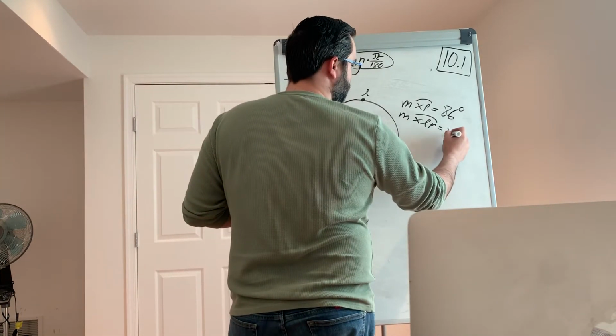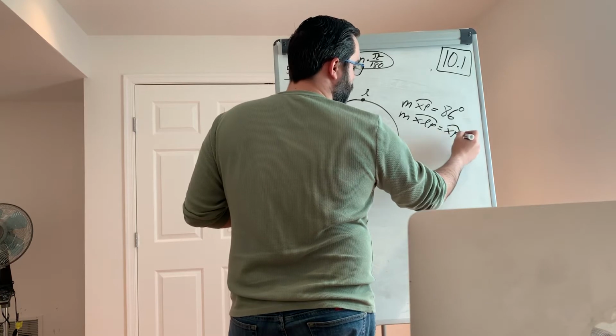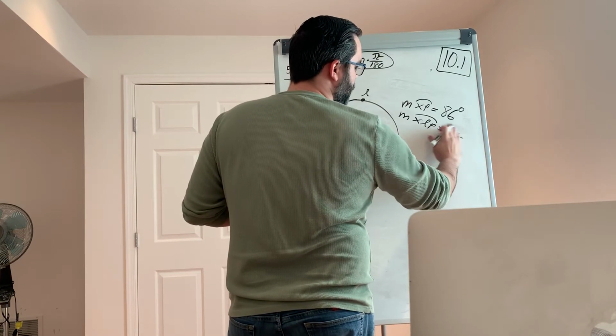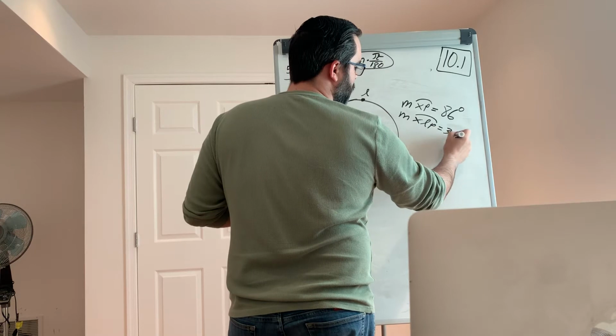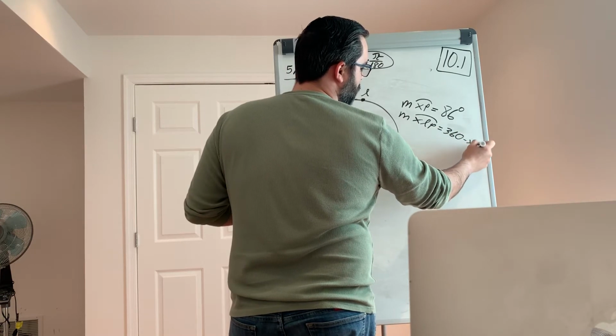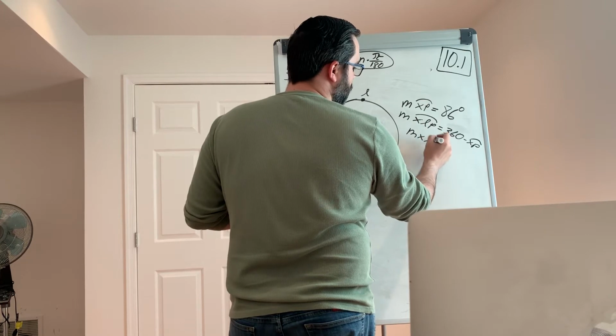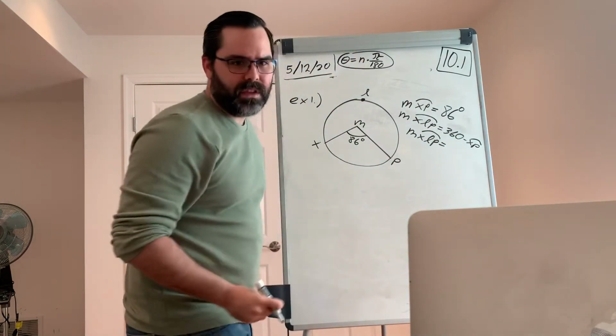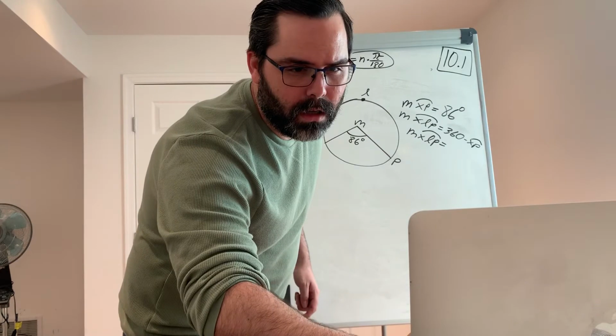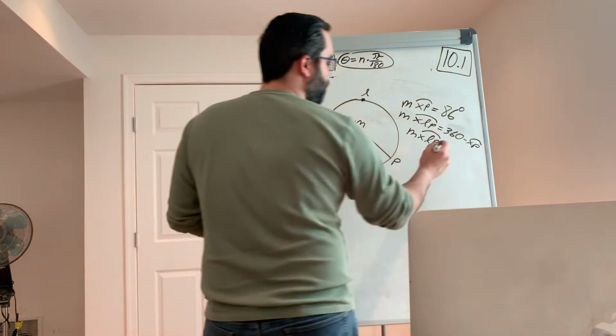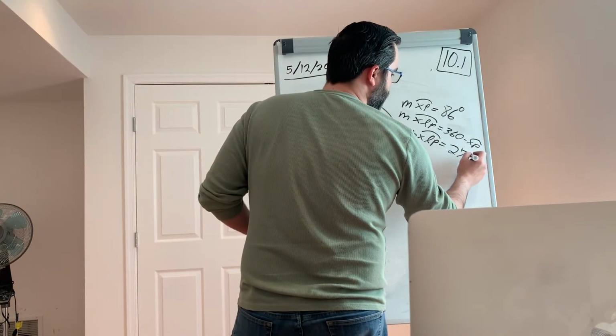So it would be 360 minus XP. And Charlie, you're telling me that's what? 274, right? Charlie, did you use a calculator for that?